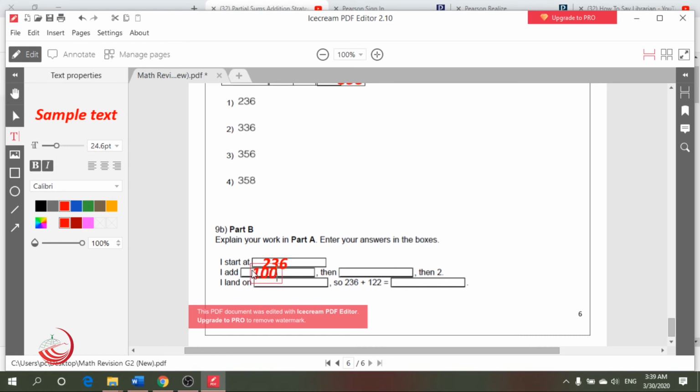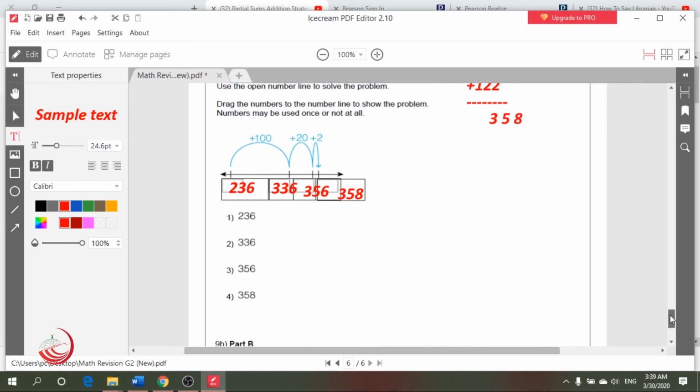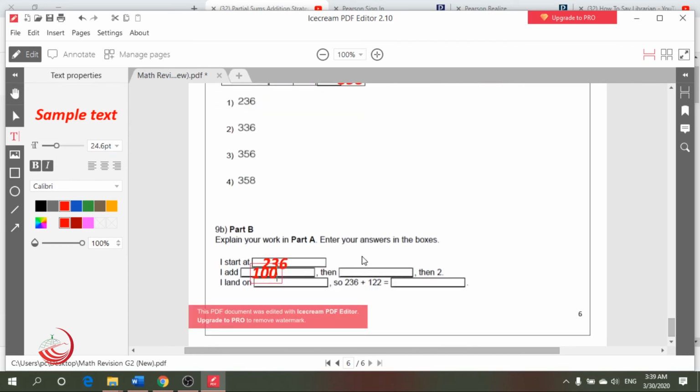I added 100 first. Go back and see how much then did you add. Then we added 20 tens. Then 2.